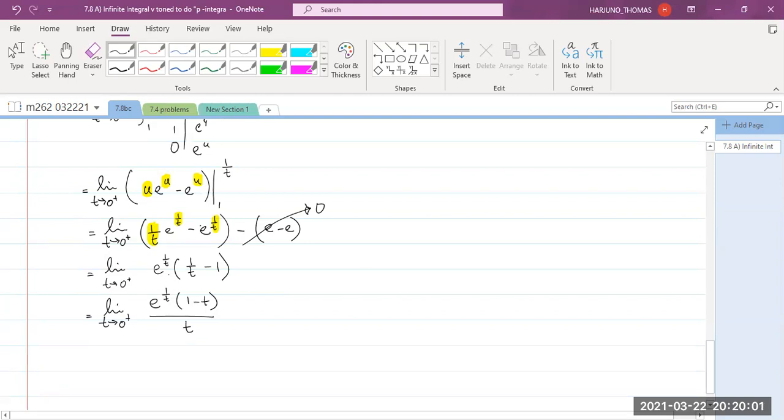I will do L'Hopital's rule. So this is e to the 1 over t times negative 1 over t squared times 1 minus t, plus e to the 1 over t times negative 1 over 1.